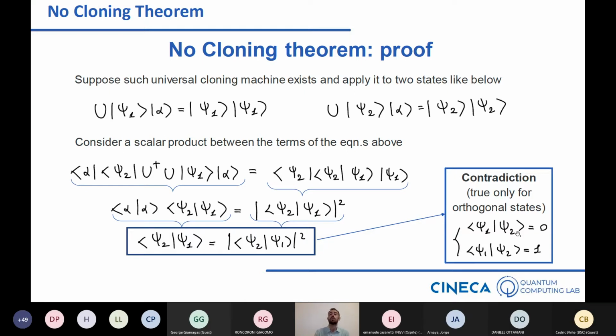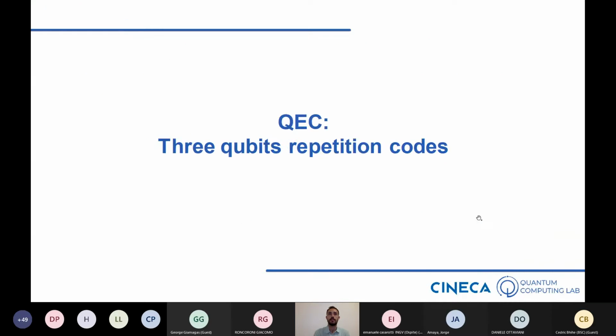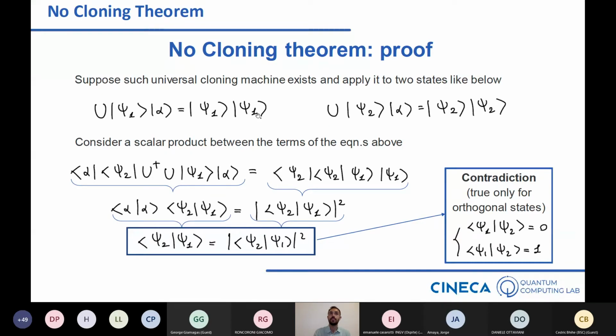So it's a contradiction, because psi1 and psi2 are not general qubit states, but are only orthogonal states. And orthogonal states are classical states. So basically, you recover the classical situation where you know that there exists such a machine that copies classical information.